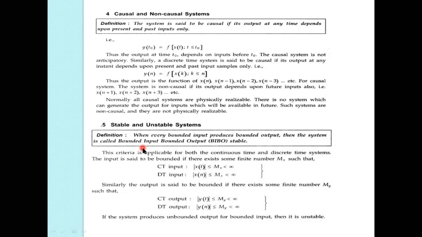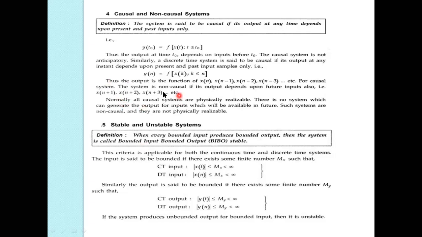If it depends upon the future input, it is a non-causal system, including x of n also. X of n minus 1 plus x of n plus 1, that system is a non-causal system.